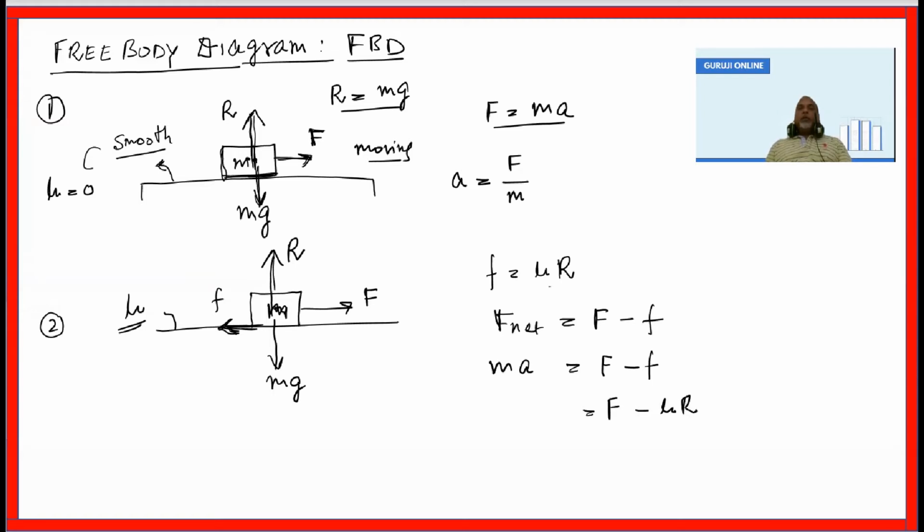Now R, if you see vertically, there are two forces. That means for vertical equilibrium, R has to be equal to mg. So this can be written as F minus mu mg, or the acceleration in this case will be F minus mu mg divided by m.